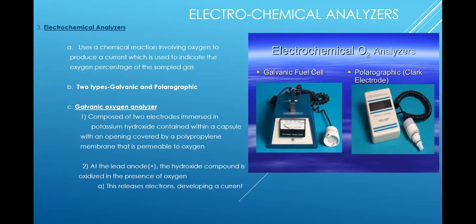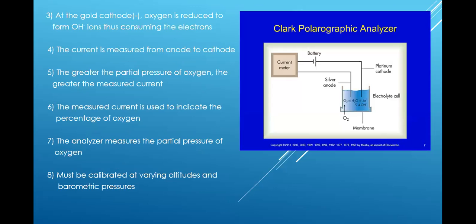At the anode lead, the hydroxide compound is oxidized in the presence of oxygen. This releases electrons, developing a current, okay? Now, at the gold cathode end, oxygen is reduced to form OH ions, thus consuming the electrons. The current is measured from anode to cathode. The greater the partial pressure of oxygen, the greater the measured current. The measured current is used to indicate the percentage of oxygen.